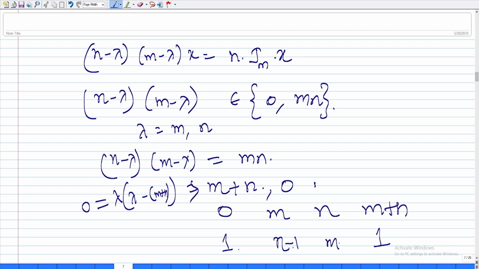So this will be n minus 1 times and m minus 1 times. So this is going to be the spectrum of L of Kmn.